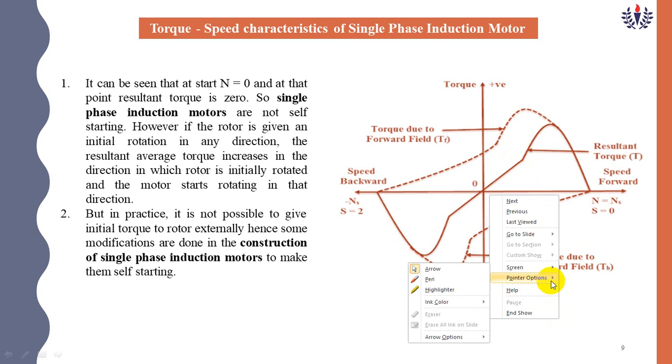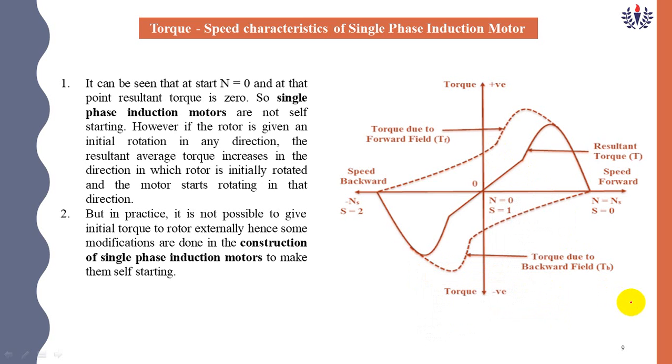At 0 degree, because now the motor is not running, your slip value equals 1 and n equals 0. So during that time the torque is also 0. At s equal to 1, n equal to 0, the torque is also 0.